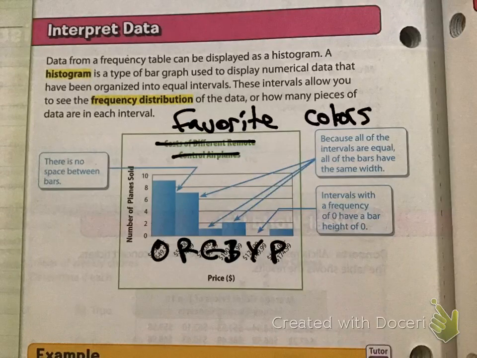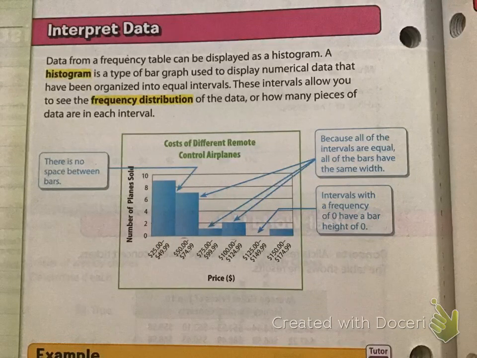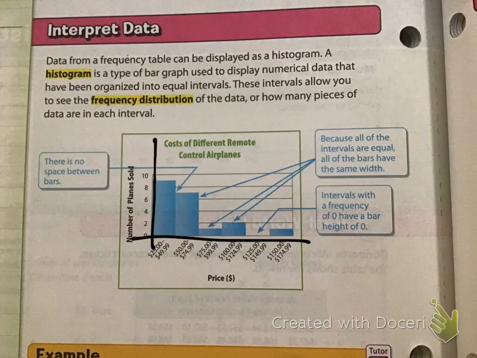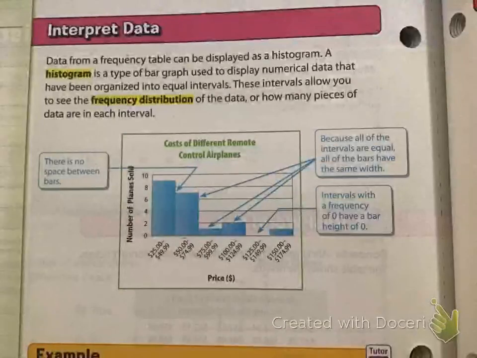The one difference and what makes a histogram is that both of our axes, both our x-axis here and our y-axis here, are numerical values.